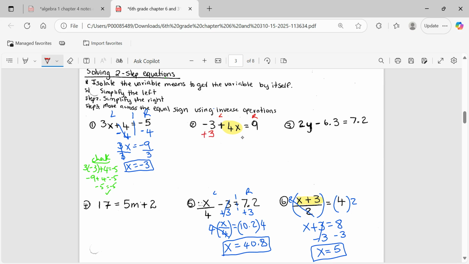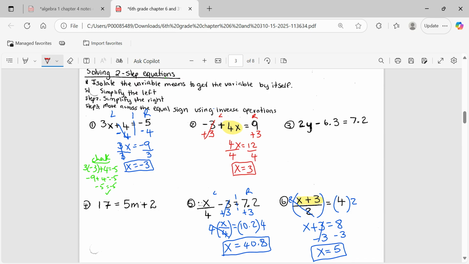I'm going to add 3 to both sides first. So now 4x is equal to 12. And this is now a one-step equation, like what we did before. And now we are going to get x by itself. The opposite of multiplication is division. So I divide both sides by 4, and x is equal to 3.